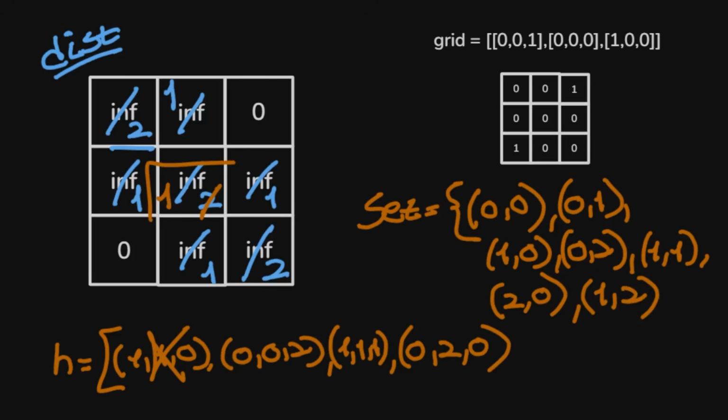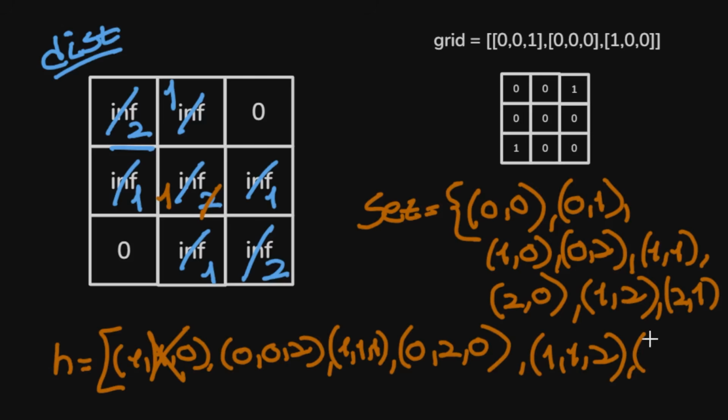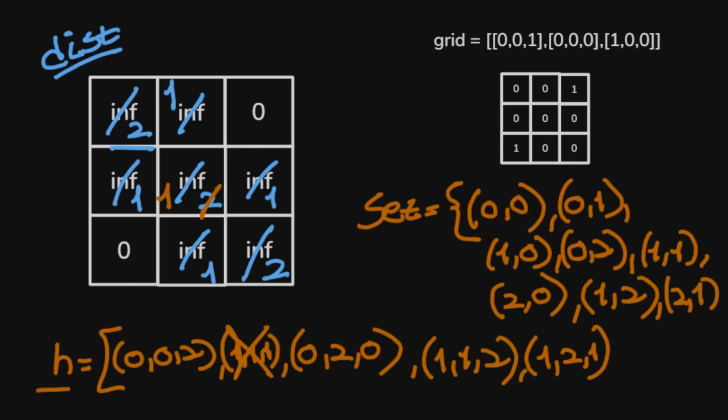The minimum between 1 and 1 is 1, so here we keep 1, and here we need to add a tuple with 1 and the coordinates 1, 2. If we try to go down, we don't have the coordinates 2, 1 here, so we add a tuple with the minimum between 1 and 1, which is 1, and the coordinates 2, 1. Now we can pop the next tuple, so we can pop this.